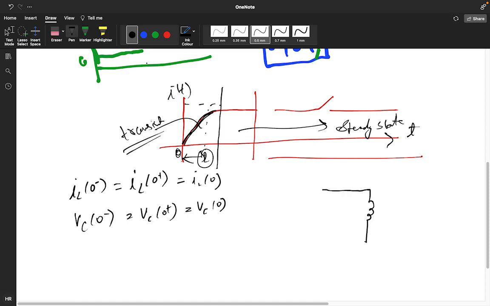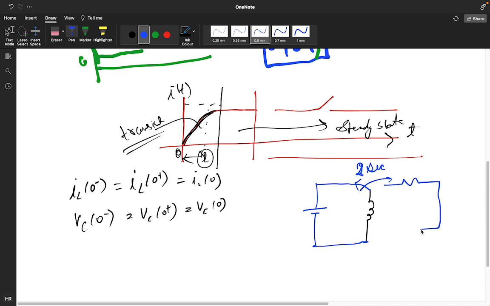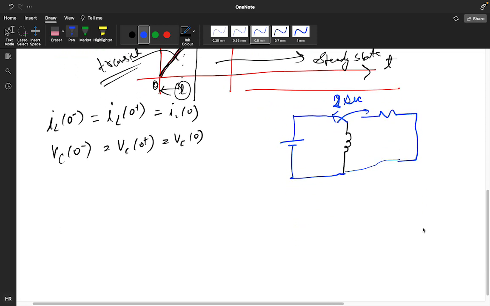This 0 minus and 0 plus means, suppose it is connected like this, and you are changing the supply at 2 seconds, moving from this point to this point. Suppose you have some IL current in this inductor.